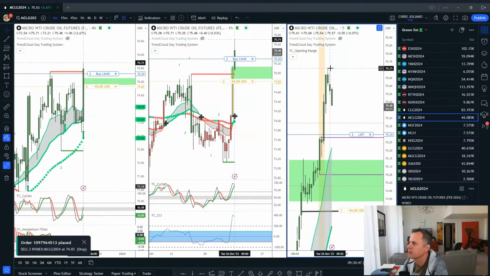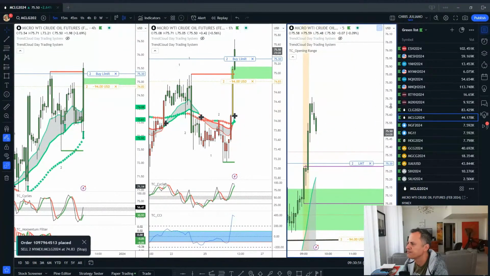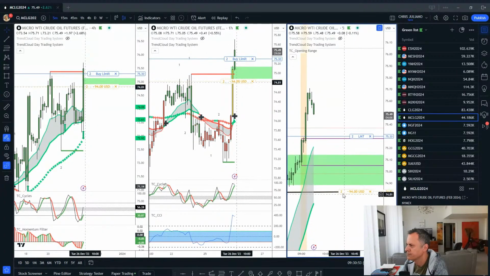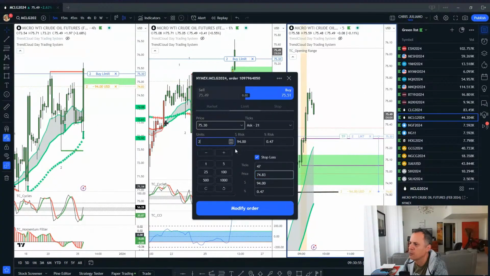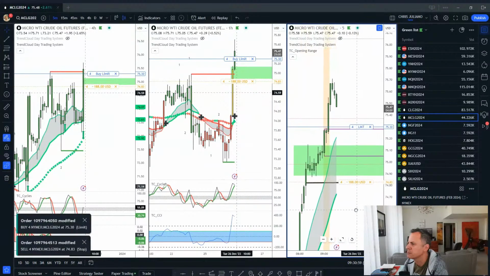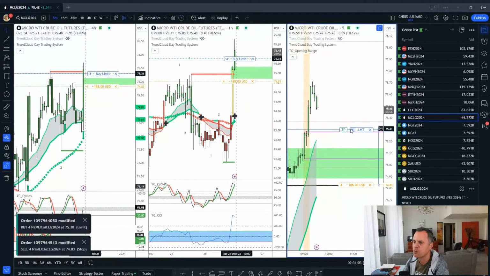Here's the breakout. Here comes the pullback. Four contracts, right? I'm not sure what happened there. That was weird.